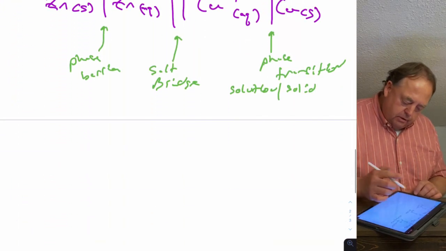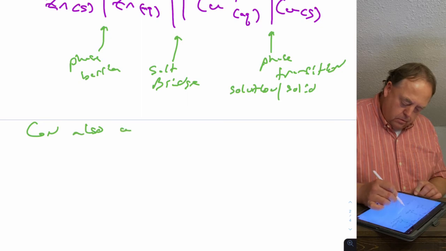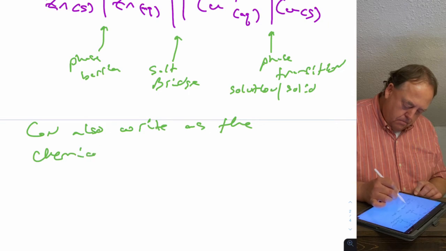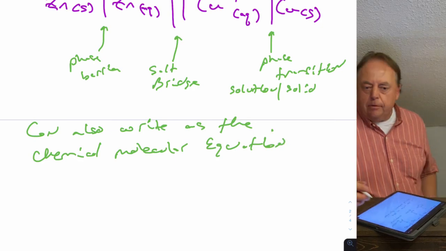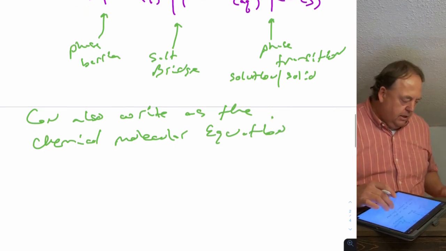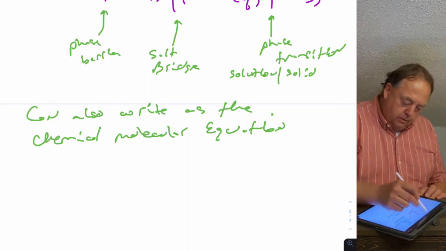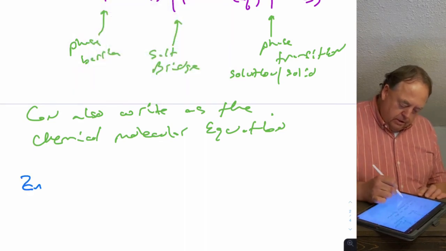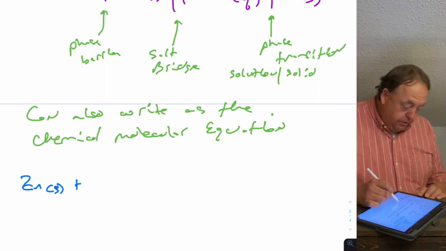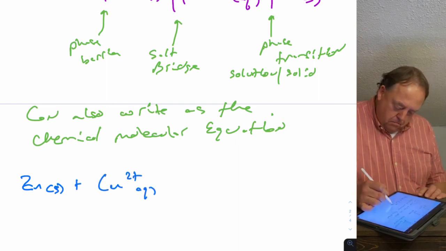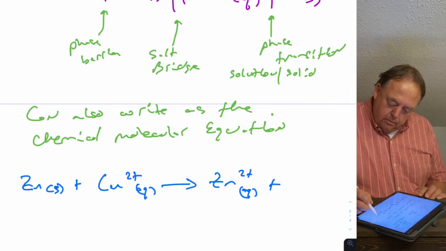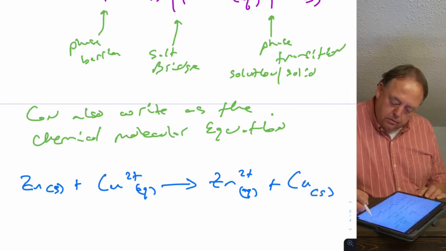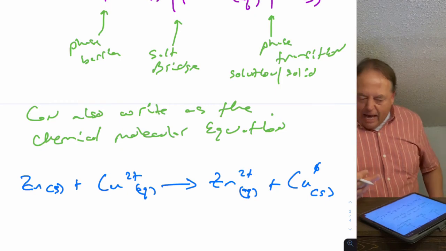And you can also write this as the chemical molecular equation. If we wrote this as the molecular equation, zinc plus copper 2+ would make zinc 2+ plus copper 0. So basically that's what's happening in the reaction.